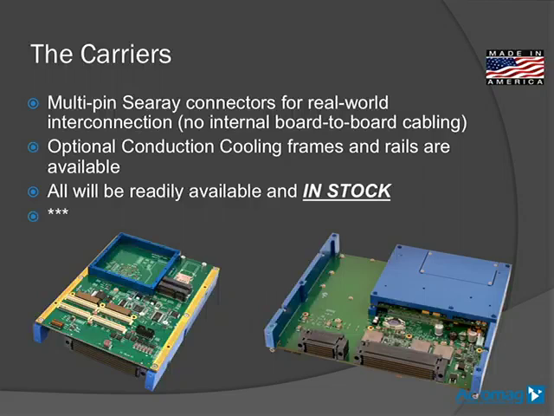We have optional conduction cooling frames and rails available. The CPU, as I mentioned before, does come only one way, with the cooling plate, the conduction cooling. We feel it's critical.